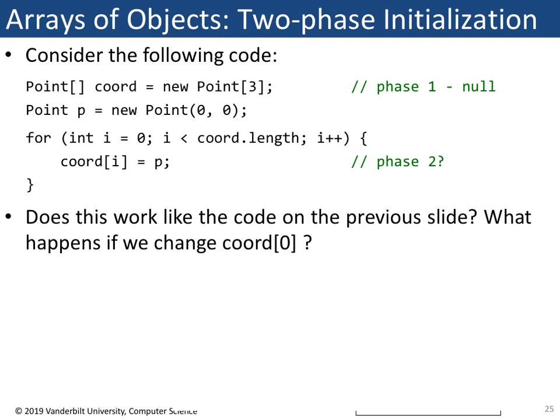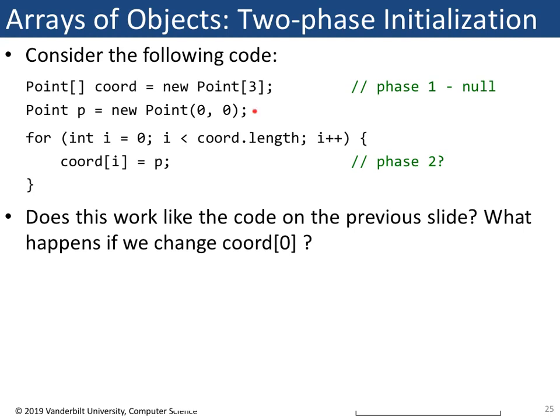Here's a quick conceptual question. Does this code do the same thing as the code on the previous slide? We have to follow a two-phase initialization because we want an array of point objects. So we create our array, and it's initialized to null.